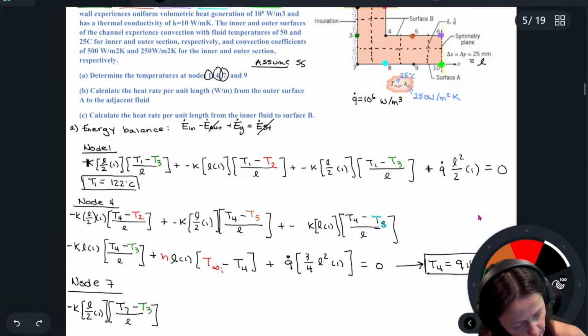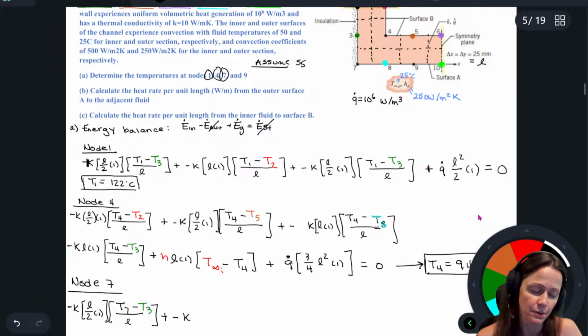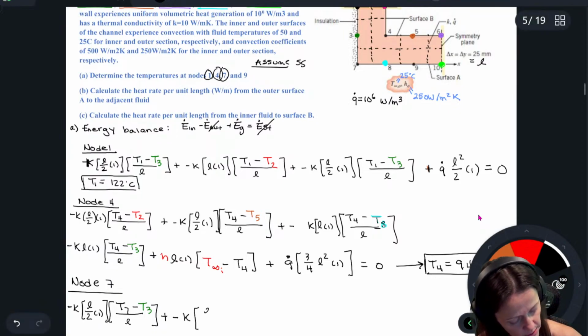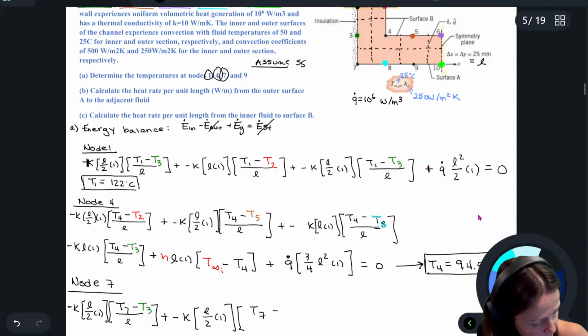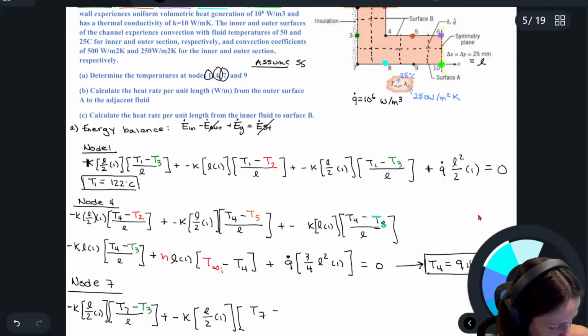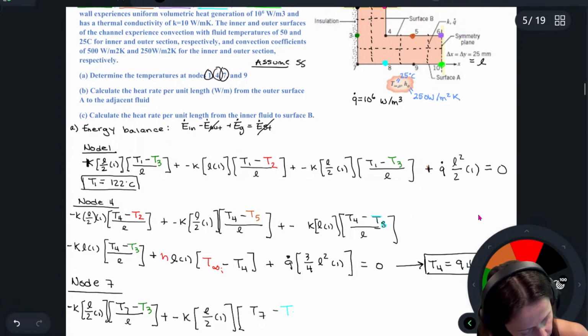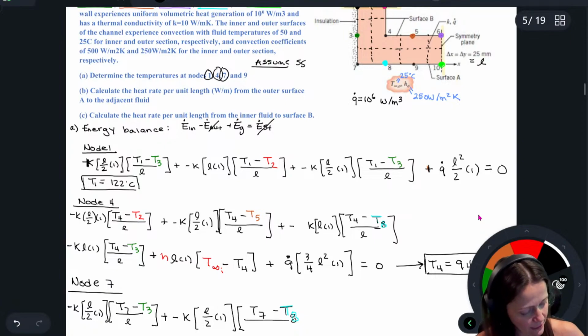So this is going to be plus a negative K. And this one's going through another half area, so it's going to be L over 2 times 1. And it's going to be T7 minus T8 over L. And then we've got convection right here.